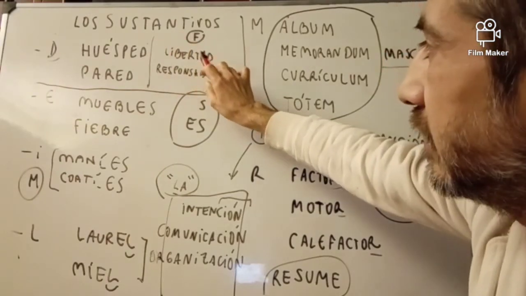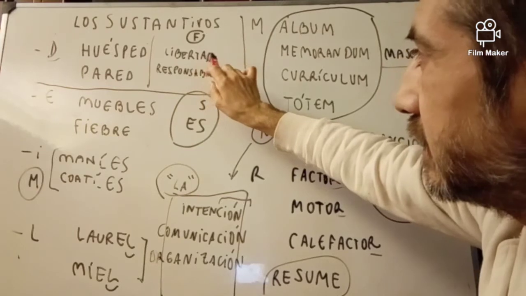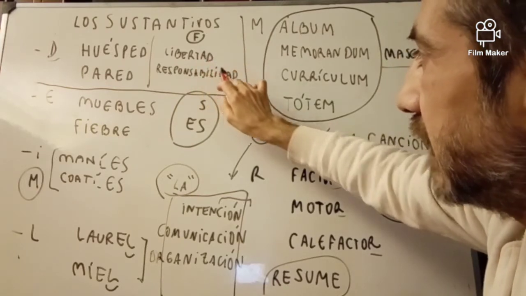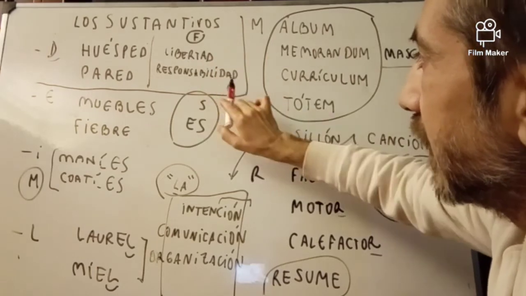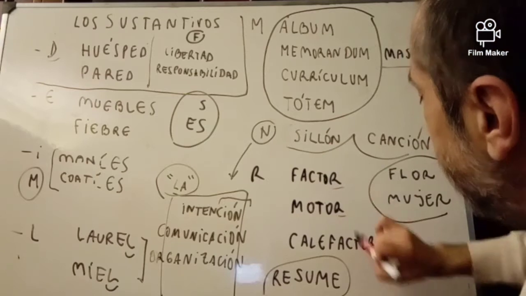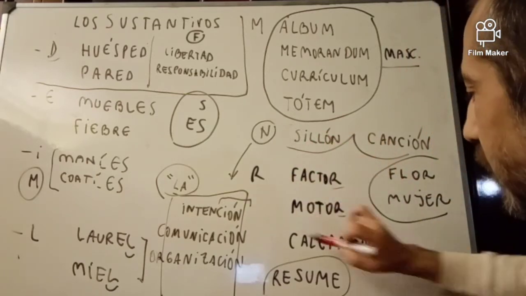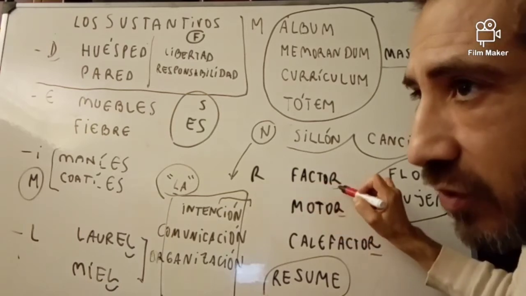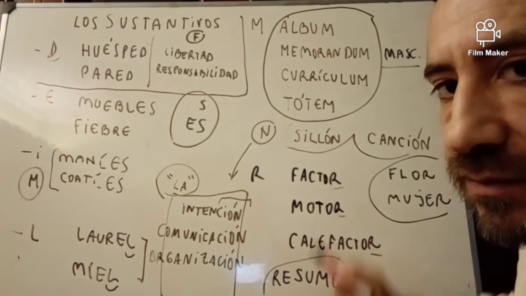The feminine ones are always abstract nouns that end with this sound, the same here and the same here. Most of them are masculine. El factor, the factor. El motor, the engine.